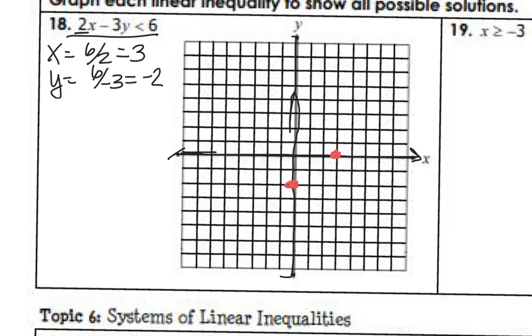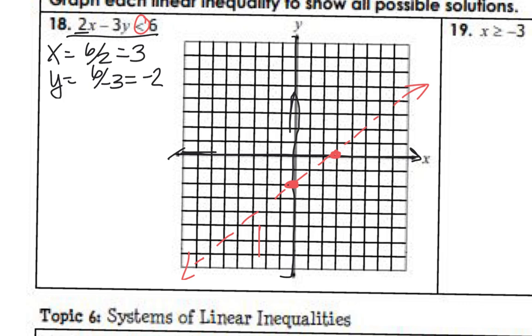Now, this is going to be a dashed line. So we can do dash. Now we need to find out where we're going to shade. It says that it's less than. So this is under the line. But let me ask you something.